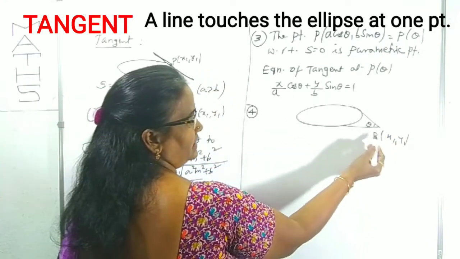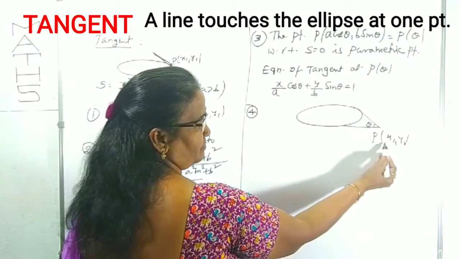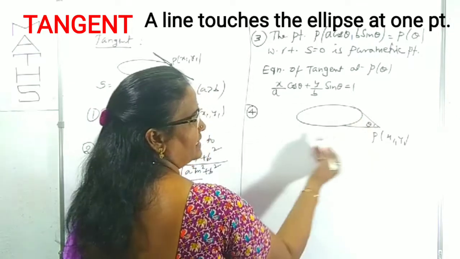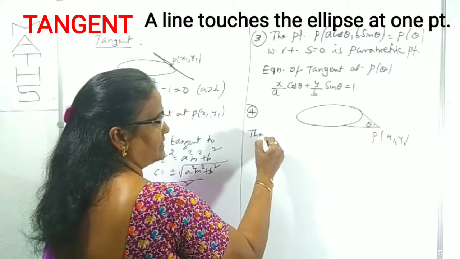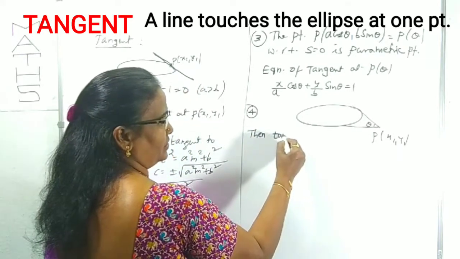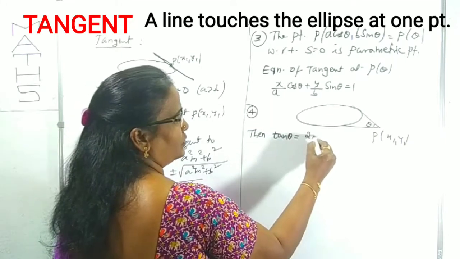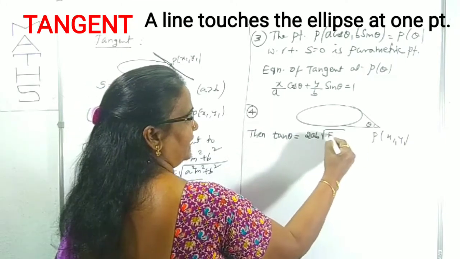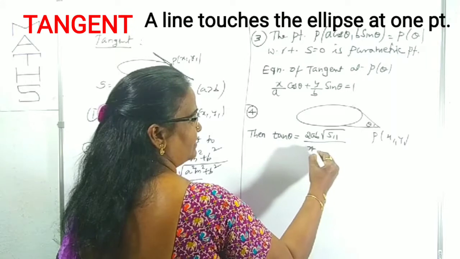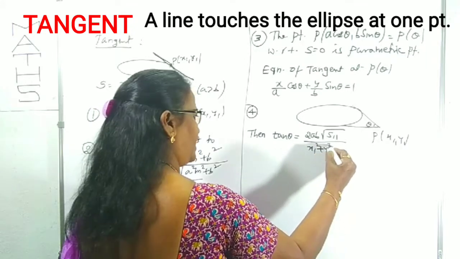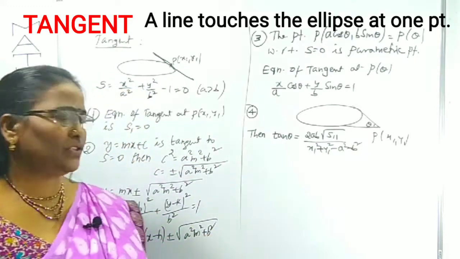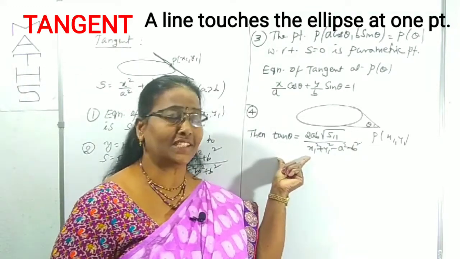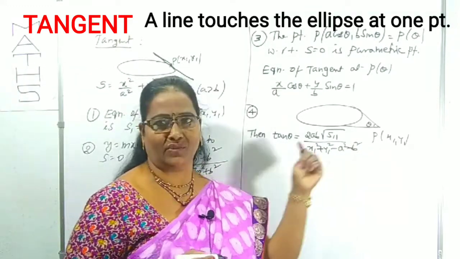These two are tangents drawn from the point (x1, y1) to the ellipse, and the angle between them is theta. Then tan theta we can use as 2ab under root S11 by x1 square plus y1 square minus a square minus b square. This is used to find the angle between the tangents drawn from the point (x1, y1).